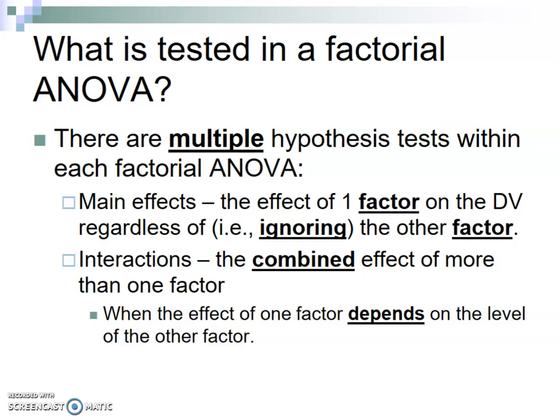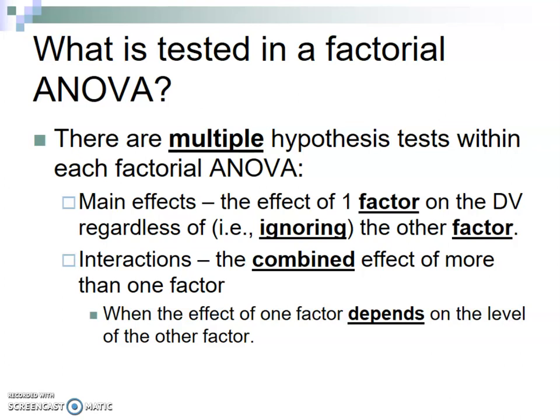When we're thinking about the hypothesis tests related to the main effects, essentially what the main effect looks at is the effect of one of the factors at a time. So it's almost like pretending as though you didn't do part of your study.